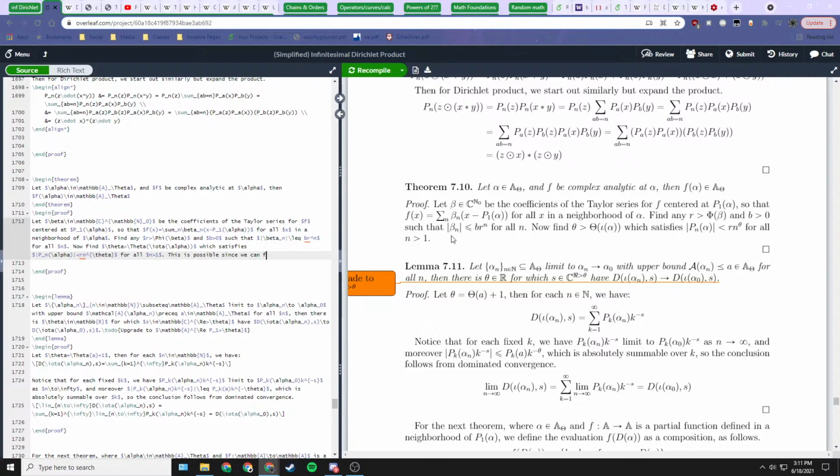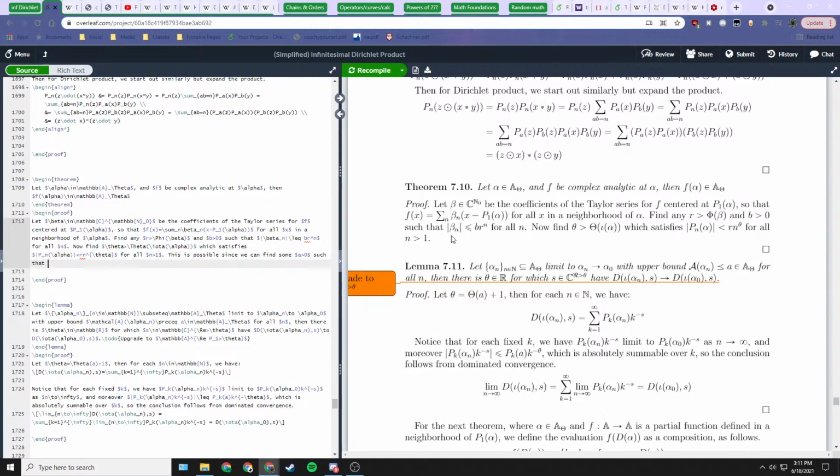we can find some a, we'll say a greater than 0, such that the absolute value of p sub n of a is strictly less than a to the power n theta. Okay, let me think on this.